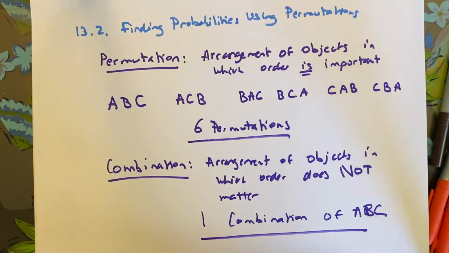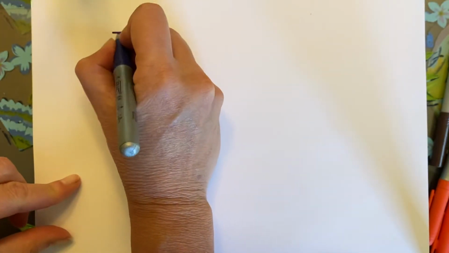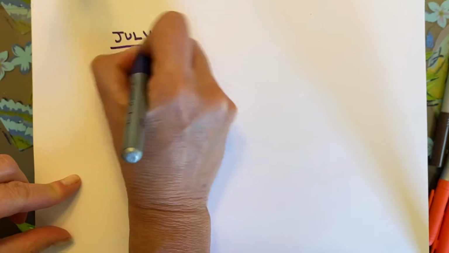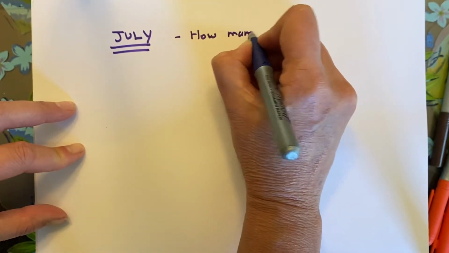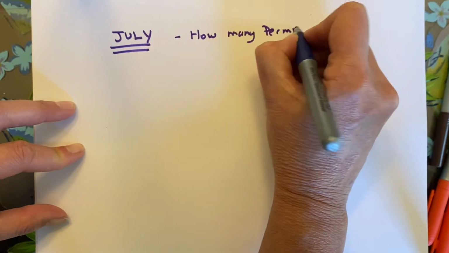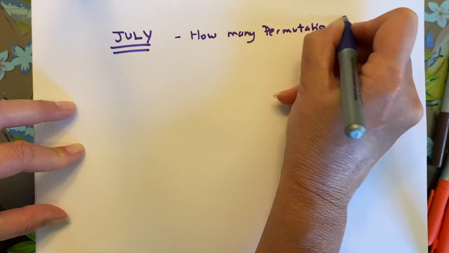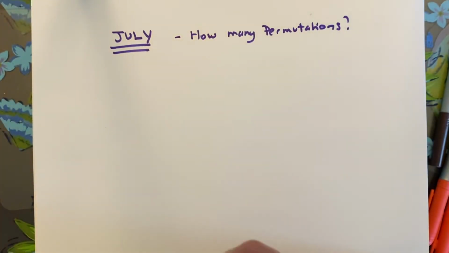Okay, now how do we work that out? How many ways can you arrange all the letters? Let's do the letters for the word July. You want to find how many permutations, how many arrangements for all these letters?